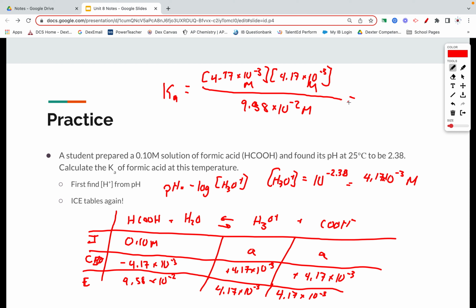And doing the math, we end up with 1.81 times 10 to the negative fourth. And that's it.